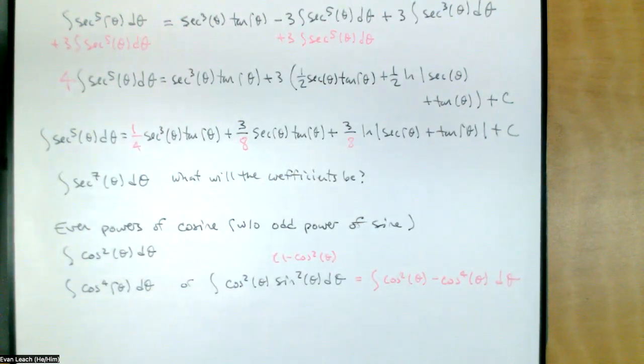We are usually just going to be phrasing things in terms of cosine. We had to pick one. I'm sure there's some alternate universe out there where they talk about even powers of sine without cosine. I've been there, it's nice.